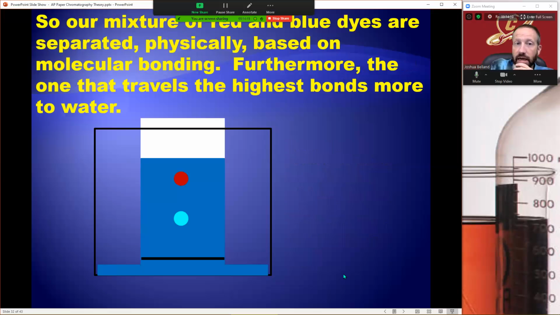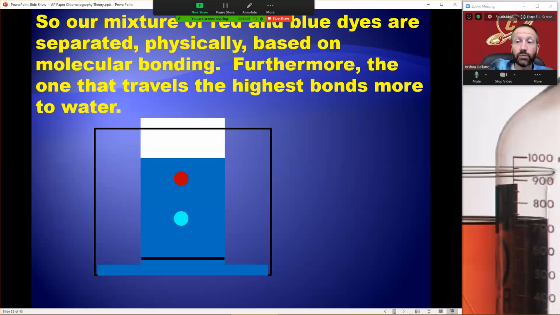Okay, now, to further this along, if we wanted, we could separate the molecules. I could pull out the paper, dry it, cut it in half, and then I'd have the red separate from the blue. So it's a physical separation. Chromatography separates mixtures physically, okay? And separating them by the amount of hydrogen bonding they can do in this case, okay? It doesn't always have to be hydrogen bonding.